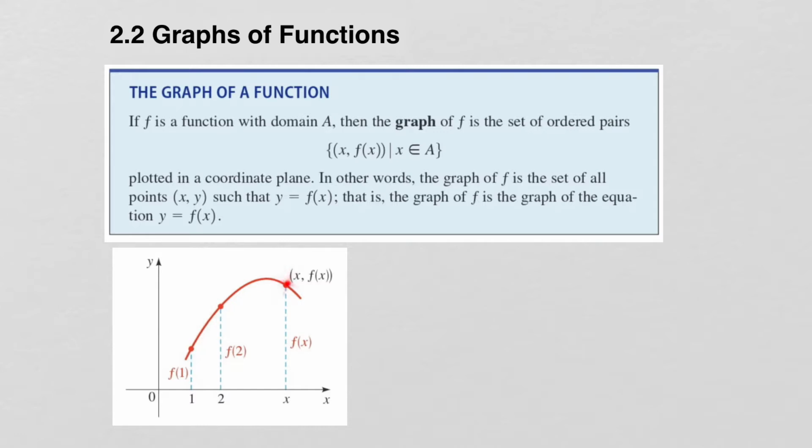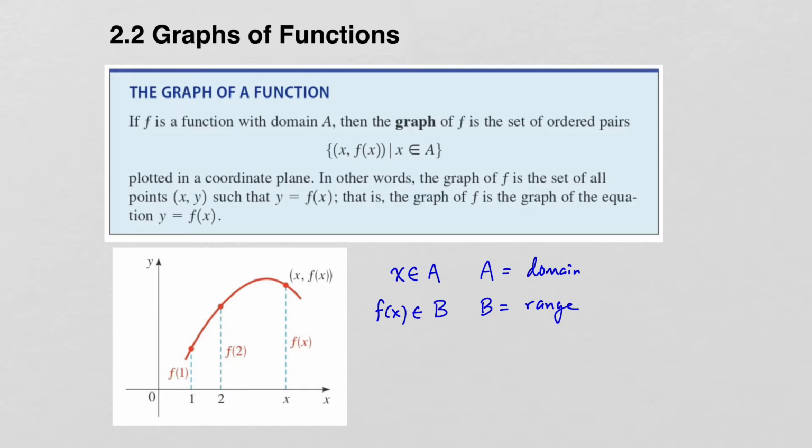And each one of these points has an x-coordinate, which we call x, and a y-coordinate, which we call f(x). So just as a quick reminder, we say that x belongs to A. A is what we call the domain of the function, and f(x) belongs to some set B, and B is the range of the function.